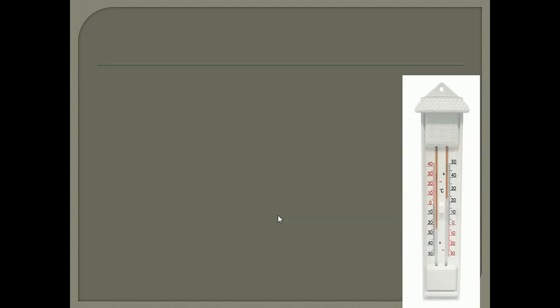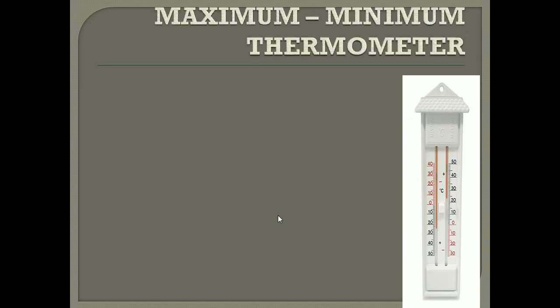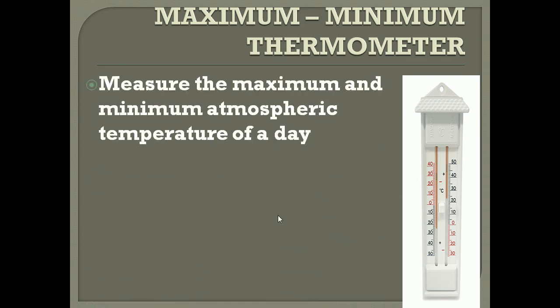Now the third type of thermometer is the maximum minimum thermometer. In the picture you can see the maximum minimum thermometer. It is used to measure the maximum and minimum atmospheric temperature of a day.